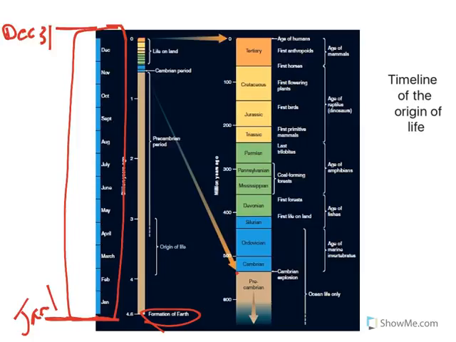The American and French revolutions would occur 1.5 seconds before the end of New Year's Eve. As you can see, intelligent life only began in the last few seconds of the year. Humans are latecomers to the timeline of the origin of life.